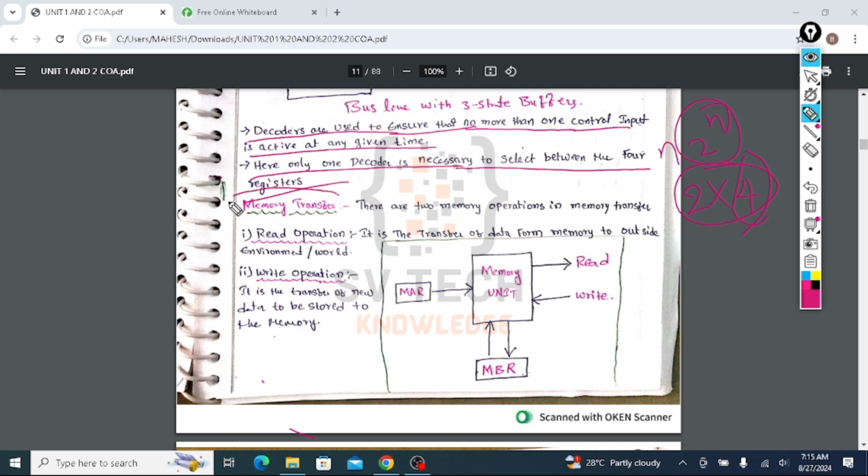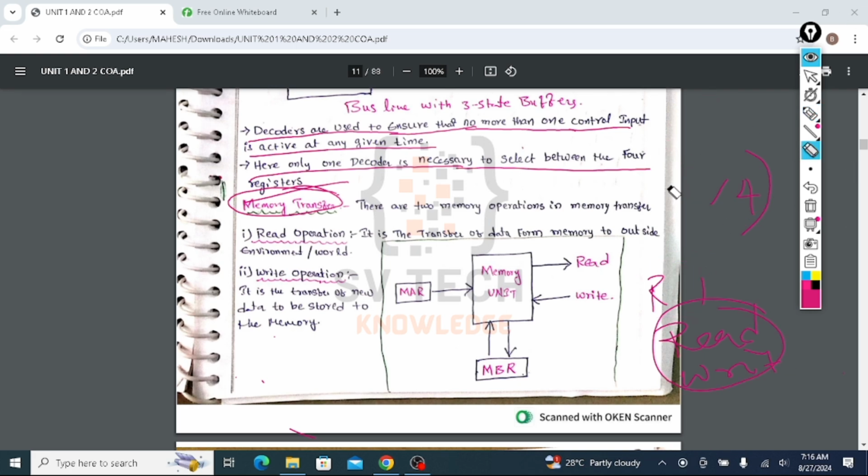Next, coming to memory transfer. Memory transfer is, by simple definition, transferring data from one component to another component, or from one register to another register. It has two major operations, which are read and write.